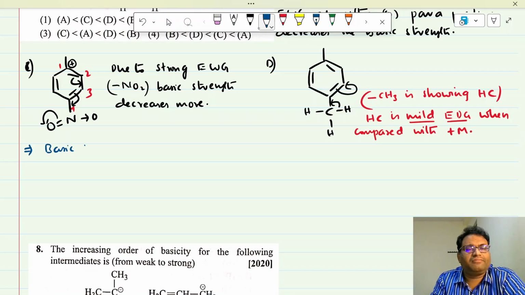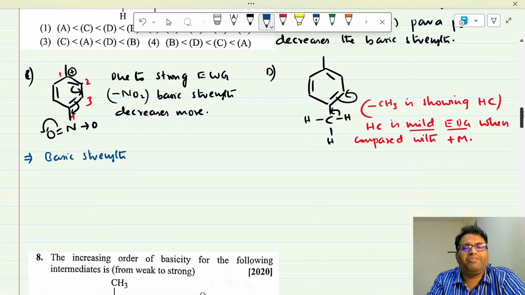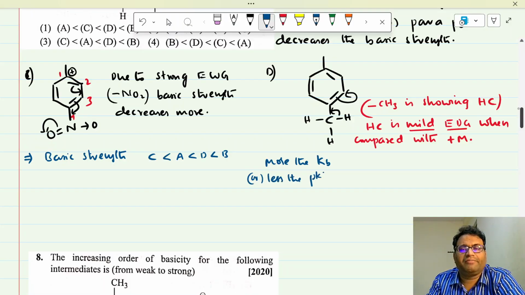Basic strength, which is the strong base, we have found: B, D, A, C. We have studied that the more the Kb or the less the pKb, the more the basic strength, that is, the stronger the base.